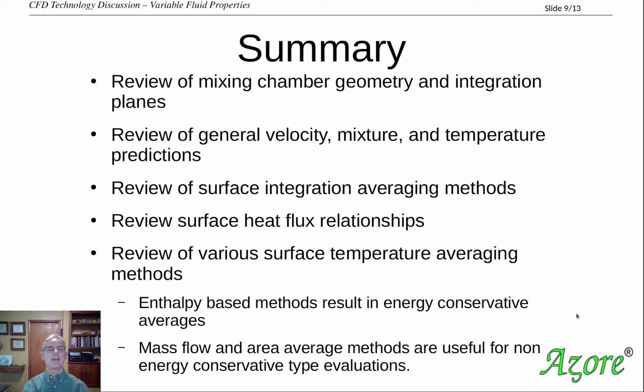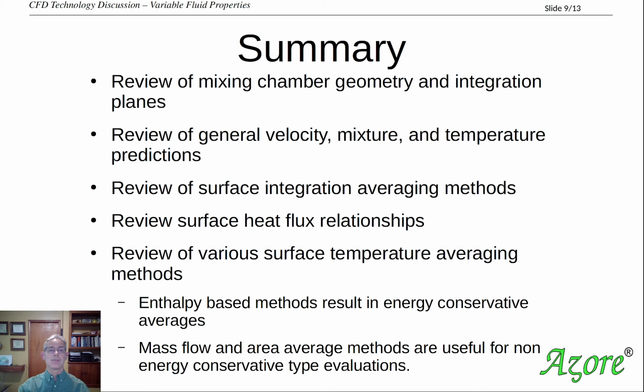In summary, we've reviewed a mixing chamber that we're going to use to evaluate different ways of modeling energy transfer in a two-bank system. We've used Azore to look at the velocity, mixture and temperature predictions that would happen for the particular case, the isothermal or mixing only case. We've reviewed these surface integration methods that could be used to find average values on our integration surfaces.